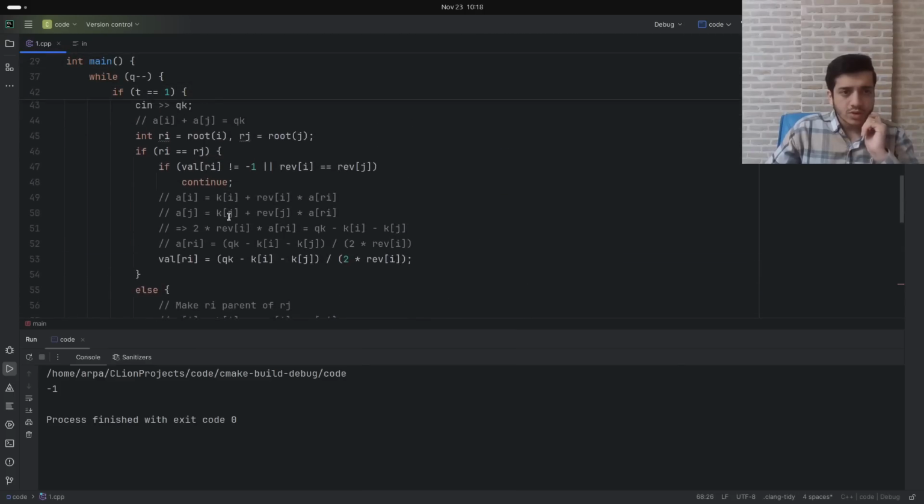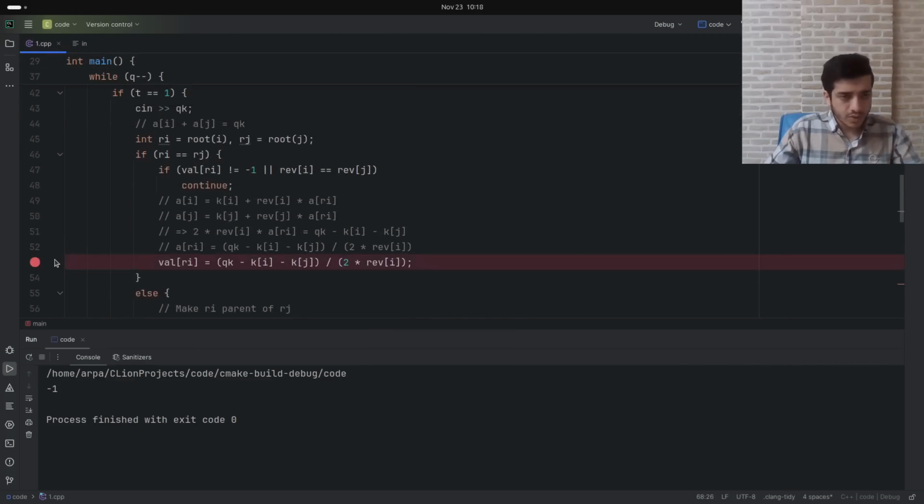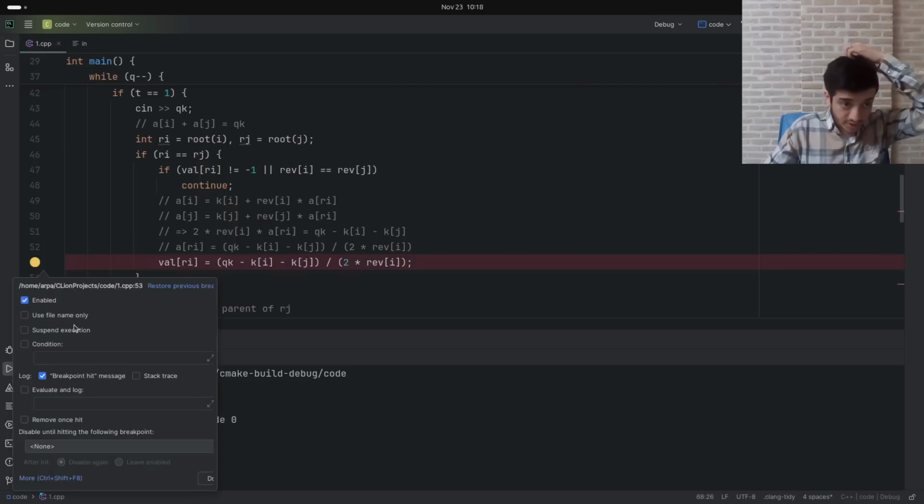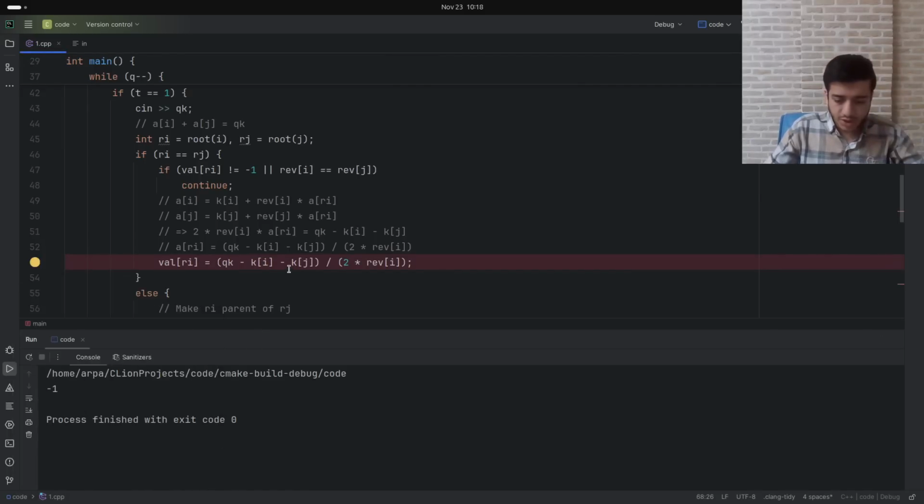Okay, so let me put a breakpoint here to see if it's reaching this. Oh, it's not reaching this.